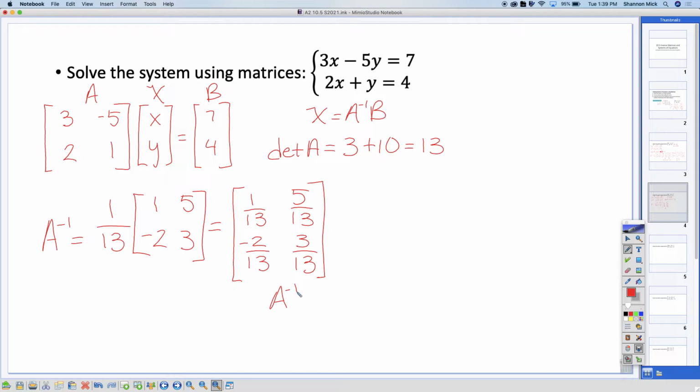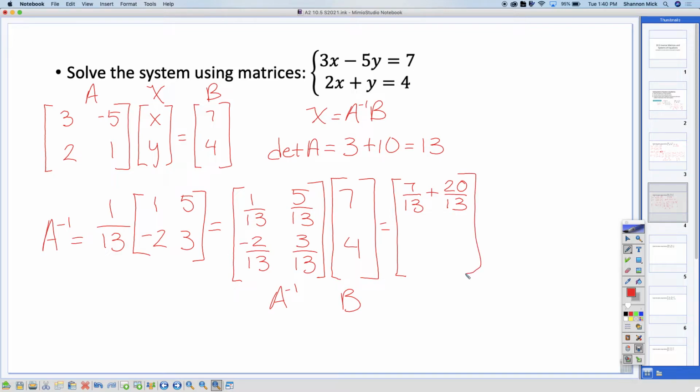B. 7/4. So I get 7/13 plus 20/13, so 27, and then negative 14/13 plus 12/13.